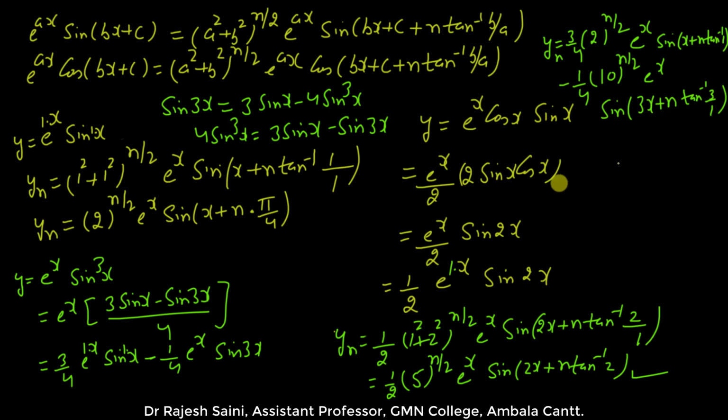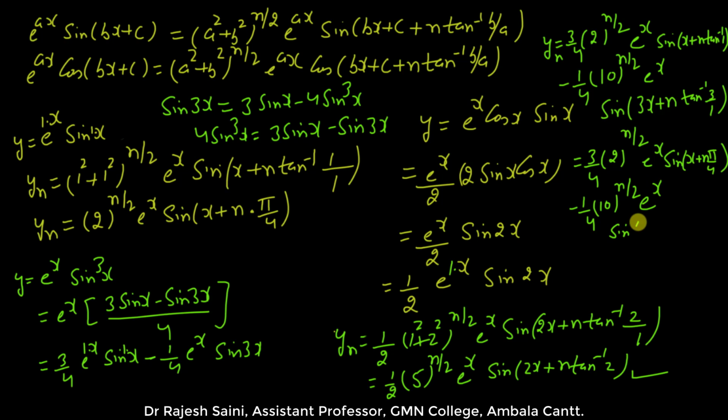This is further equal to 3 by 4 times 2 raised to the power n by 2, e raised to the power x sin of x plus n pi by 4, minus 1 by 4 times 10 raised to the power n by 2, e raised to the power x sin of 3x plus n times tan inverse 3.